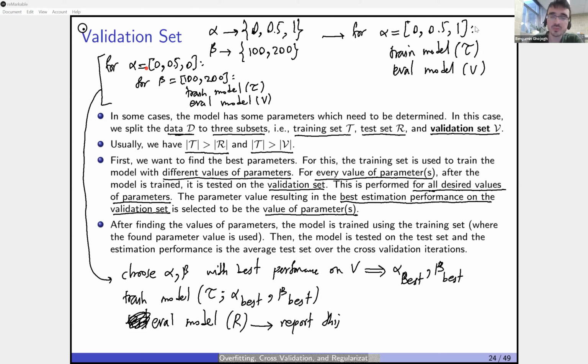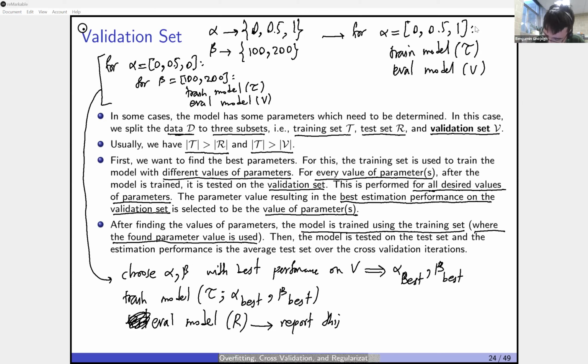So what happened? Using for loops or nested for loops, you found which hyperparameters are good to choose. Then using those best hyperparameters, you train your model. Then you evaluate your model on the test set and report that. So after finding the values of the parameters, the model is trained using the training set where the found parameter value is used.